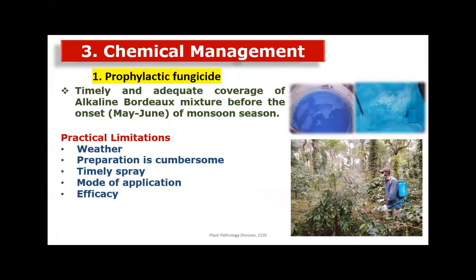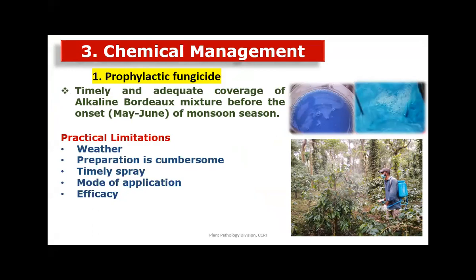And then finally, the chemical management. Coming to chemical management, the Coffee Board recommends both prophylactic fungicides as well as systemic fungicides. Coming to the prophylactic fungicide, Bordeaux mixture is the one we recommend. Though it is a very old fungicide, it is still an effective fungicide.